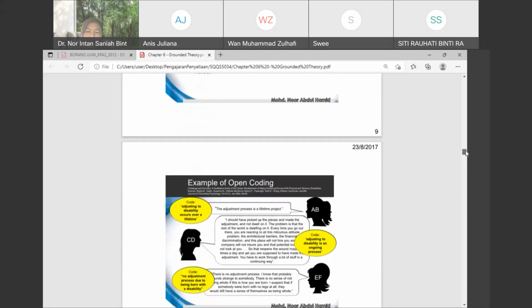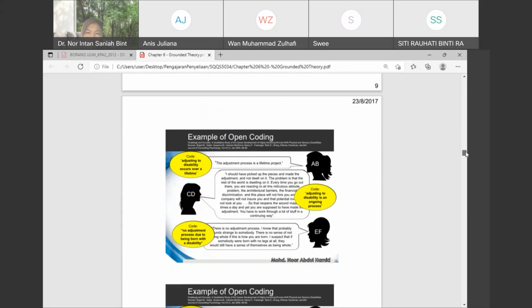For example, from this paper, let's say the code. This is from the interview, all the transcription. So let's say from this respondent AB, respondent CD, respondent EF. From the sentences of respondent AB we conclude this code.